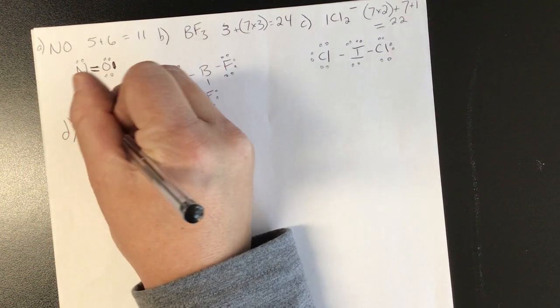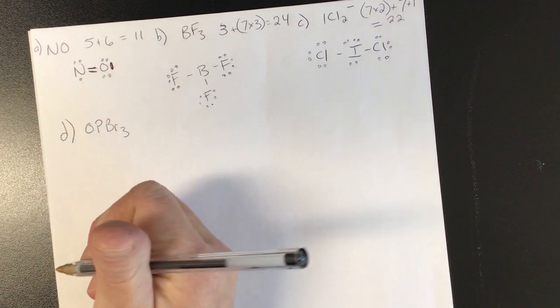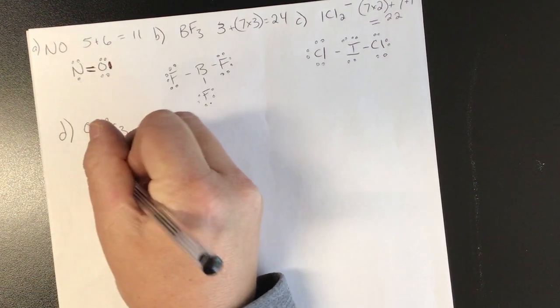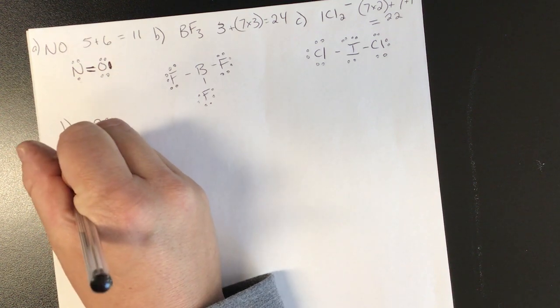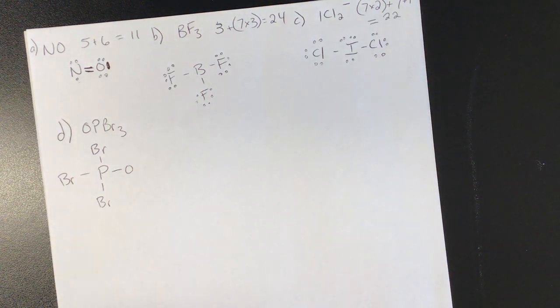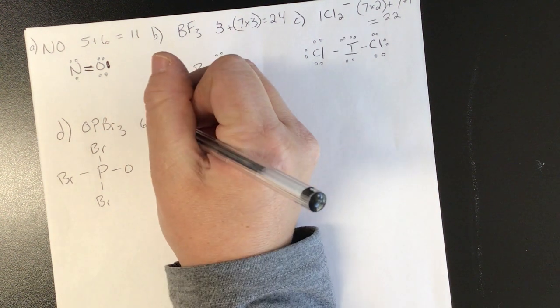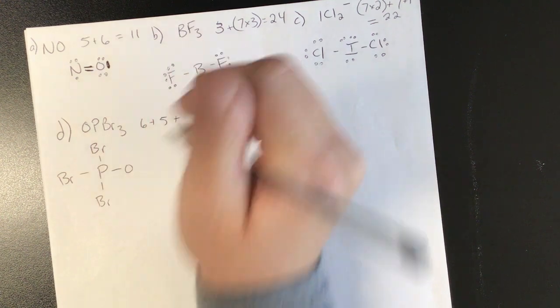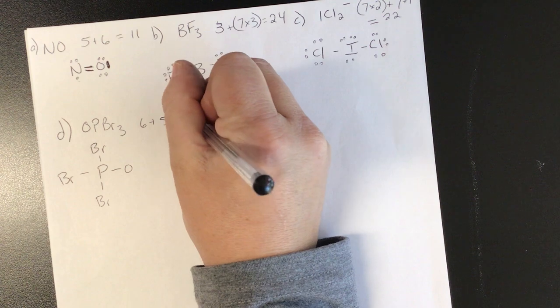Okay, D is a little tricky. On this one, we have OPBr3. So P is going to be in the middle because it's the least electronegative, O, and then the bromines around it. Oxygen has 6, phosphorus has 5, and bromine has 7.